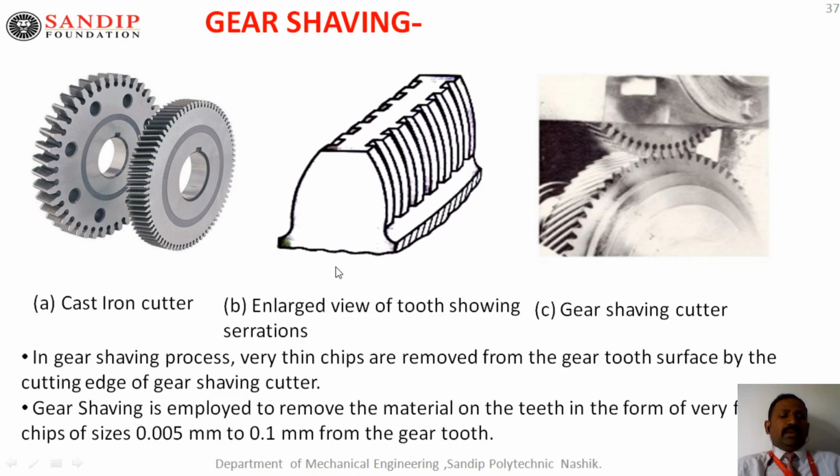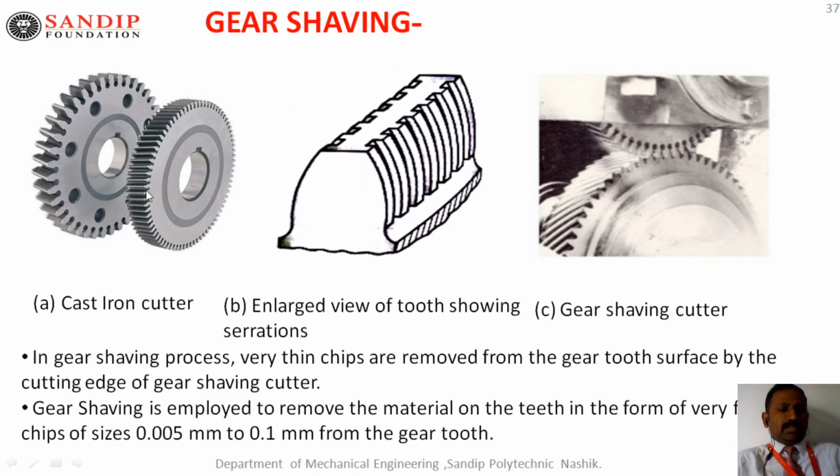Gear shaving is a gear finishing process and it is a negative type of manufacturing process. It also removes material in the form of microns. Similar to a human being shaving to remove hair from the face, where a razor is required, here also a razor-type gear is required to remove material from another gear.